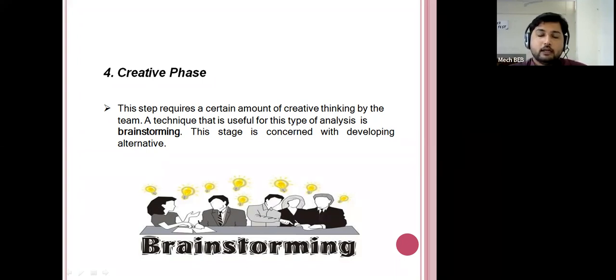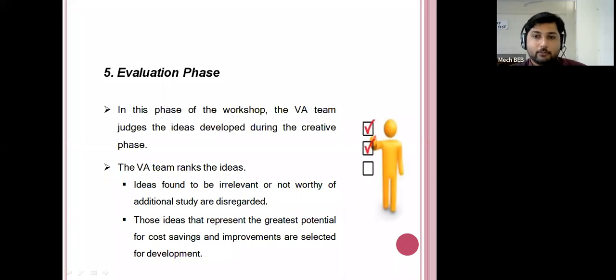Okay. And these alternatives are cross checked and the usability of that particular alternative will be checked. Okay, then that is evaluation. So in this phase of the workshop, the value analysis team judges the ideas developed during the creative phase. So the value analysis team ranks the ideas. Ideas found to be irrelevant or not worthy of additional study are disregarded. Those ideas that represent the greatest potential for cost saving and improvement are selected for development.